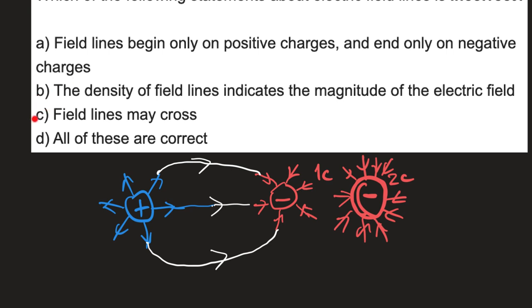Now, C, field lines may cross. So let's say we took a charge and we put it right here. Which way would that positive charge move?